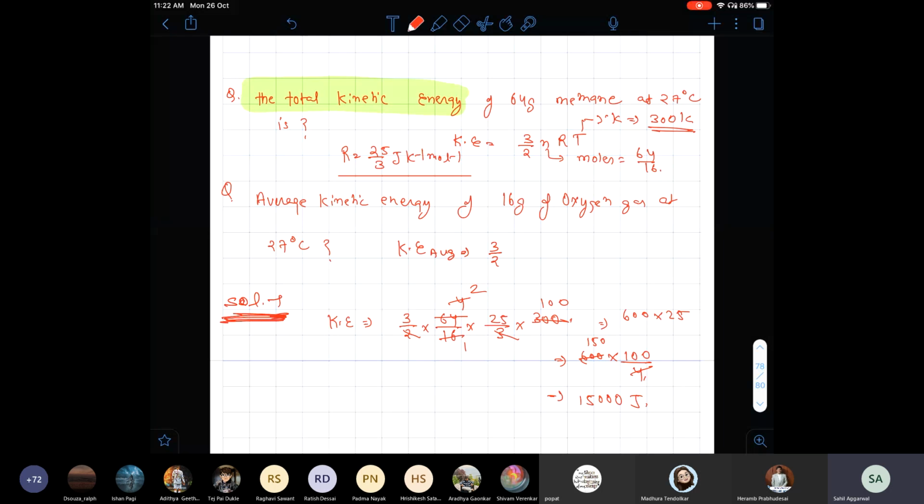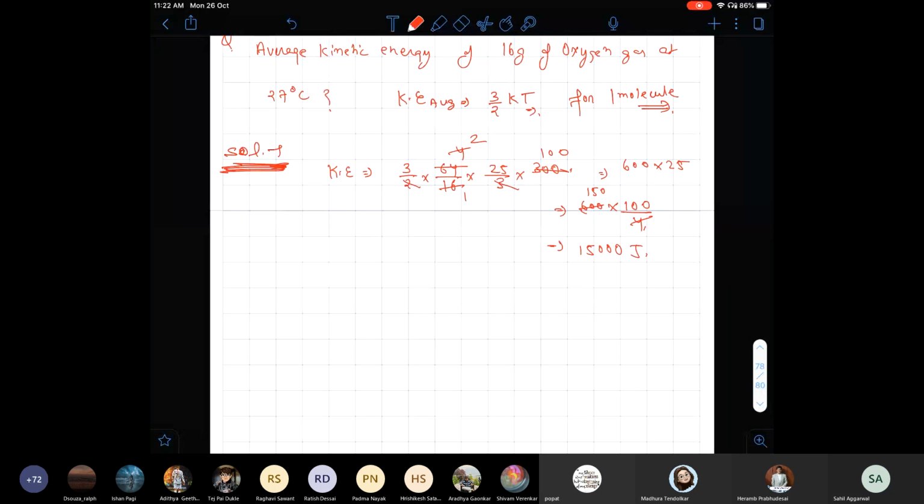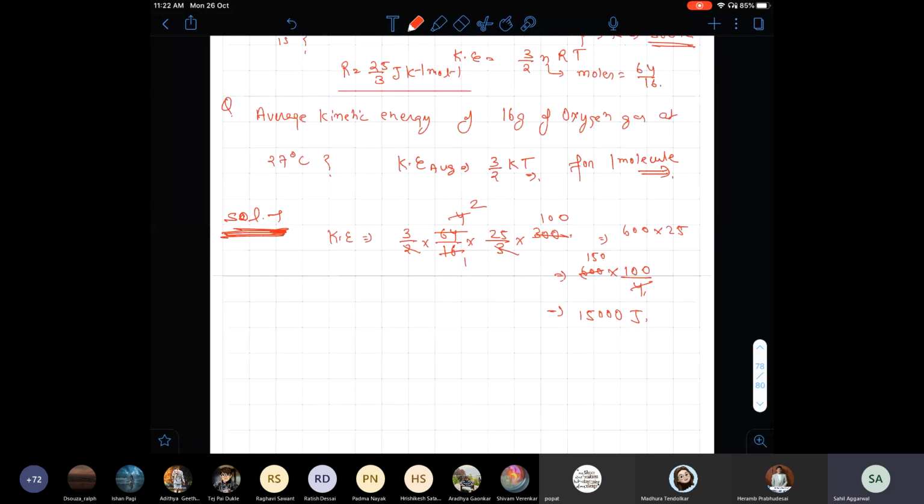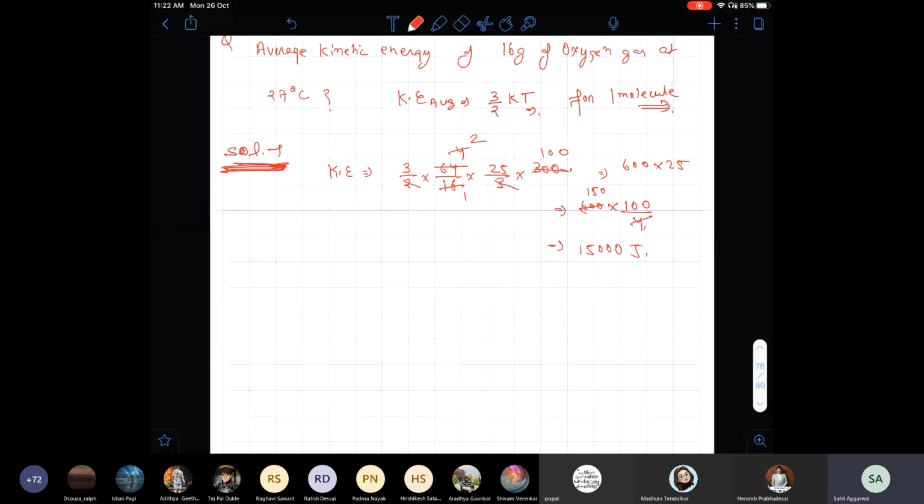Three by 2 kT for 1 molecule. Understood? We'll put the formula, we'll get the answer.